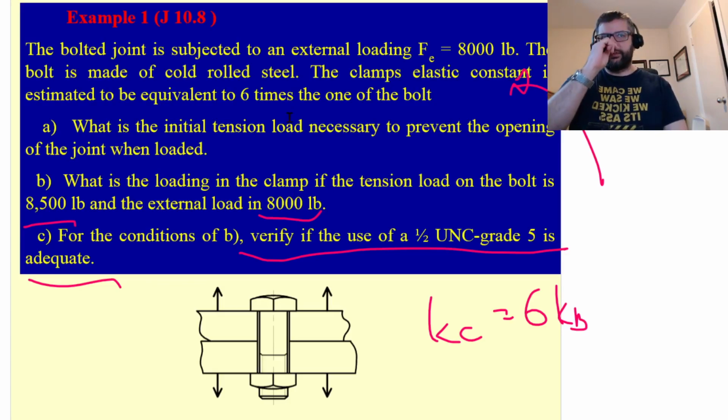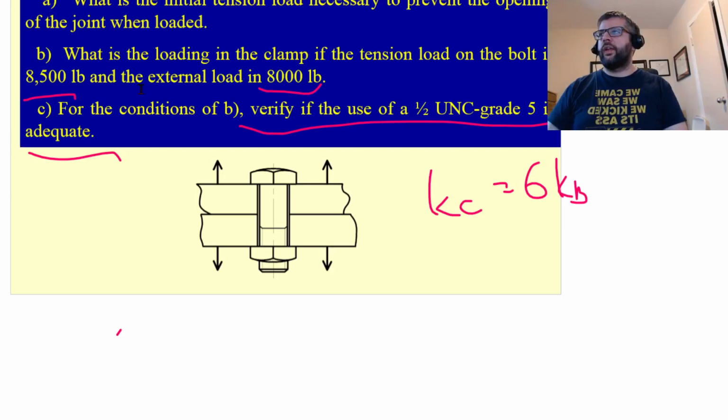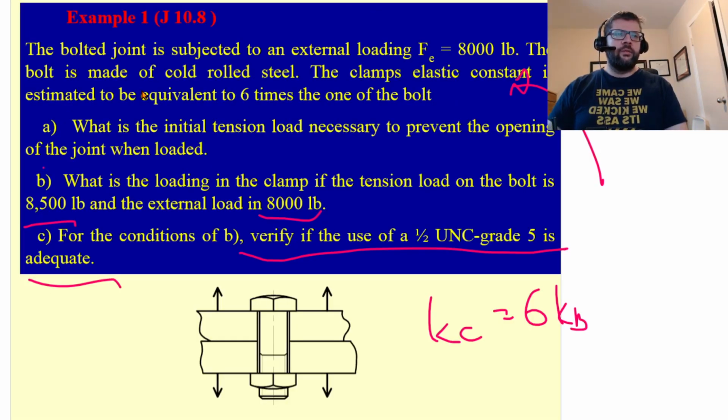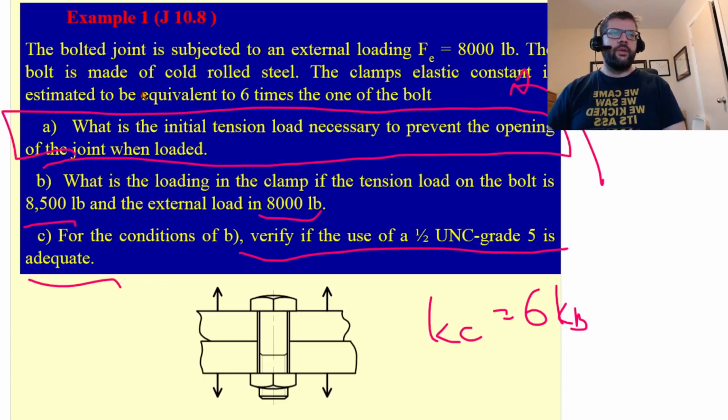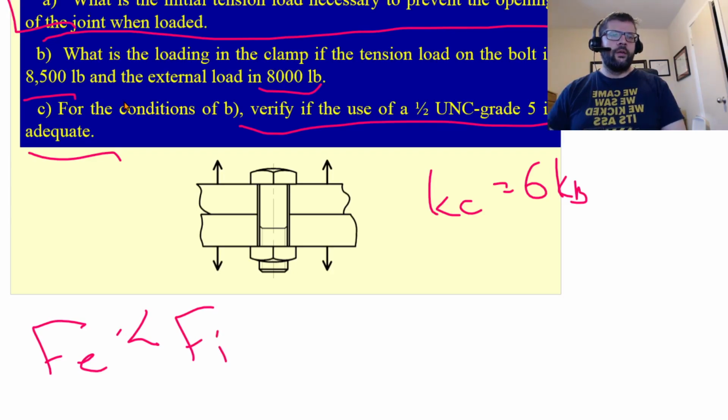So let's start out with the first one. So again, the failure criteria that they specified for part A is that when loaded up to 8,000 pounds, FC needs to be greater than 0. So when that's the case, FE needs to be less than FI times KB plus KC over KC.